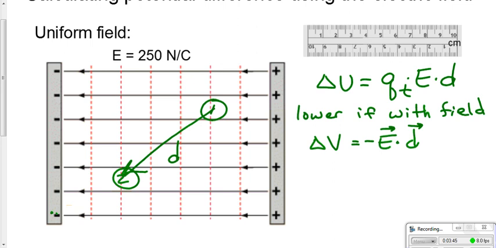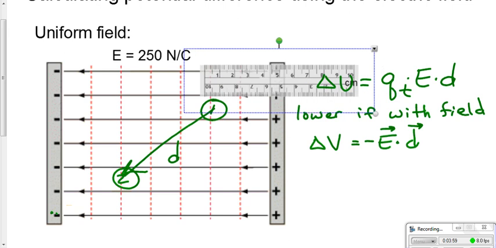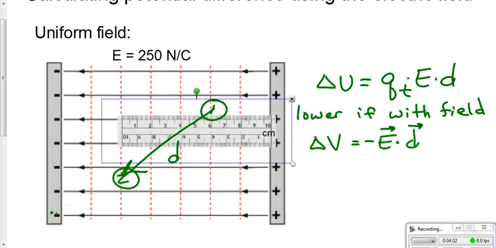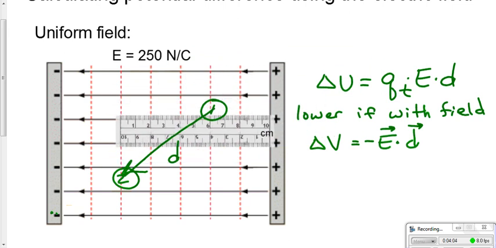Because the dot product only gives us a measure of the parallelness between the field and the displacement, we only really need to know the displacement that's in the direction of the field. So if we pull a ruler down here, how much displacement do we have leftward? That's 6 centimeters. So the 6 centimeters is our displacement times the cosine of the angle. We incorporate all that into just one number.